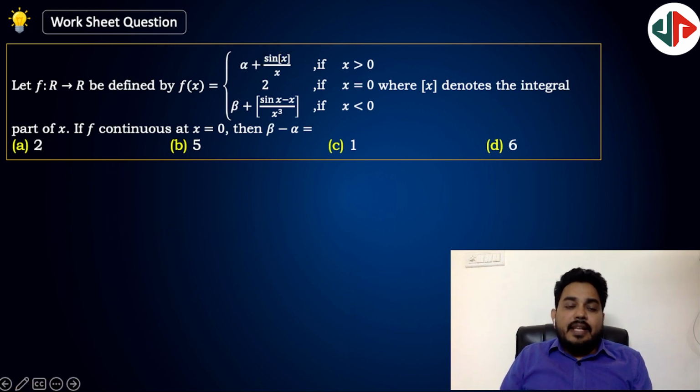So you will be getting here already a is equal to 2, as this value goes to 0.